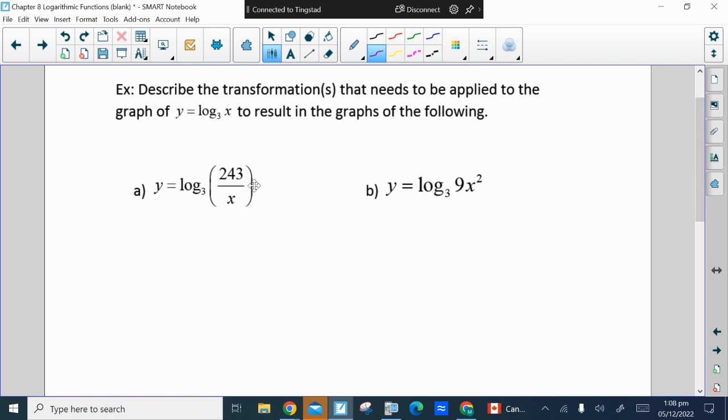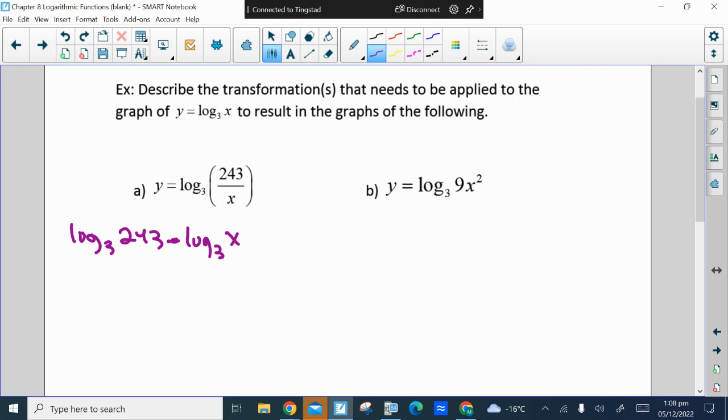So because the first one is a quotient, 243 divided by x, we can use the quotient law to expand. And the quotient law involves the difference between the two logs. And log base 3 of 243, well, that's asking 3 to what power is 243.